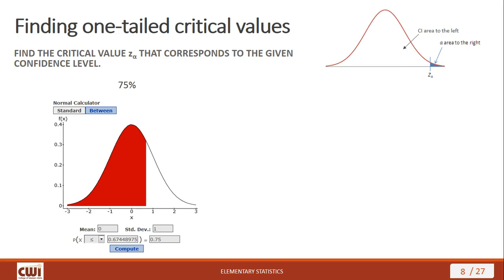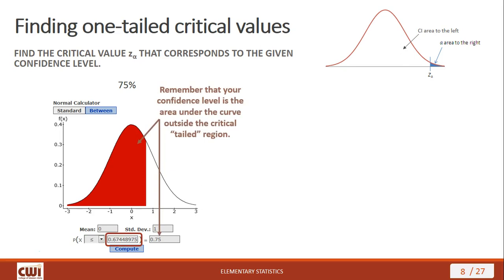That corresponds to an area to the left. So we want less than or equal to, and then put the area in on the right side of the equal sign for your probability calculation. That's the area that corresponds with the confidence level, which is 75%, and then hit compute, and out comes your z-score, your critical value, z sub alpha, 0.67.